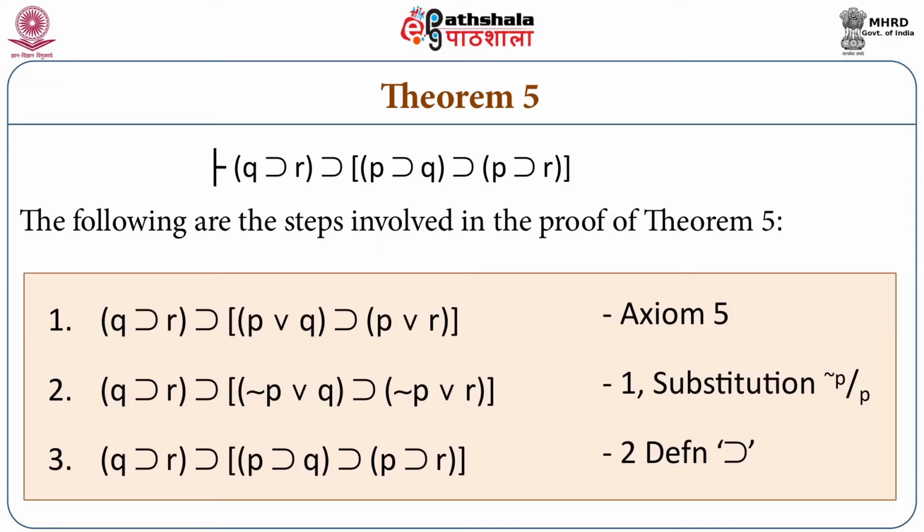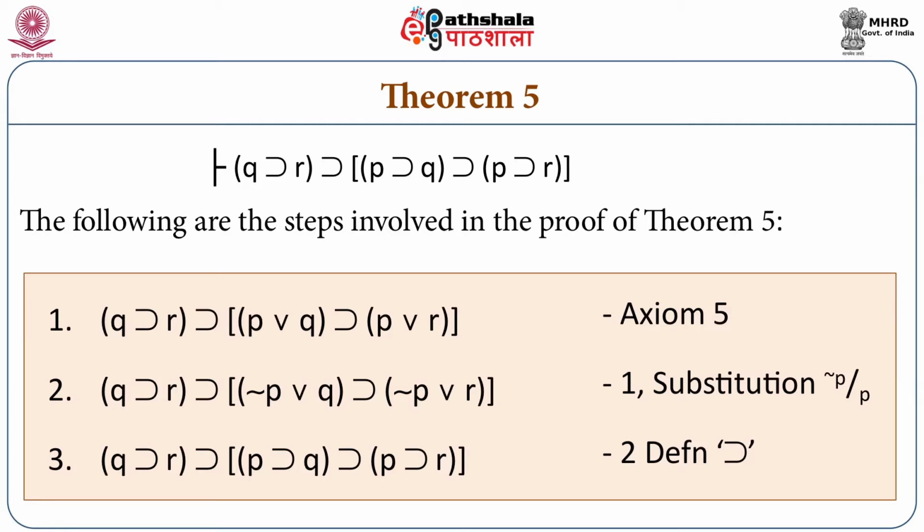We will try. By looking at the structure of this formula, it appears as though we can apply axiom number 5. So we will first state axiom number 5, which is Q implies R, together implies either P or Q implies P or R.